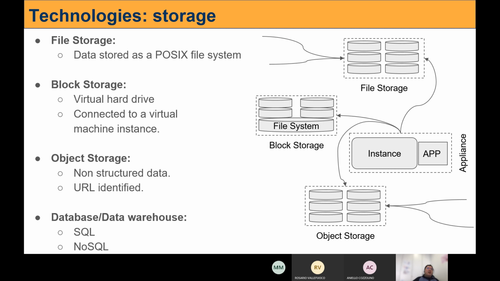That means the operating system file system is mocked by the cloud components, and the file data is stored as a POSIX file system. That means apparently you don't have a real difference between how you deal with data on Dropbox or Google Drive and how you deal with data on your hard drive. In this case, you can do some nice stuff like synchronization between your local storage and the cloud storage.